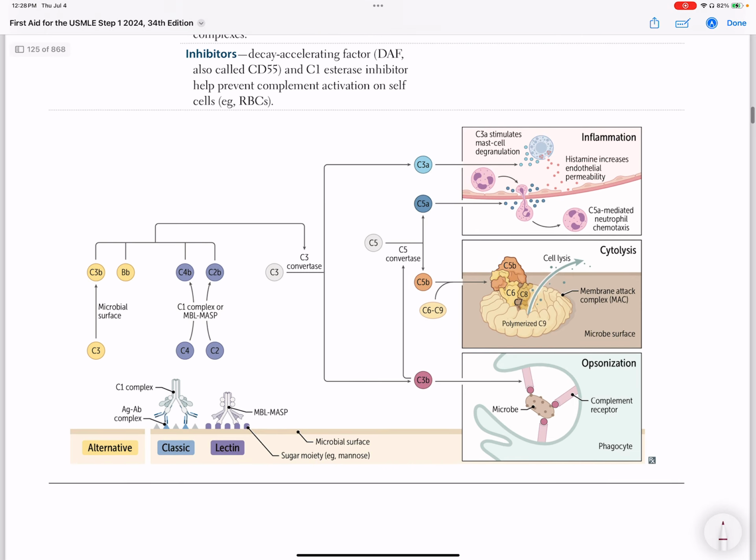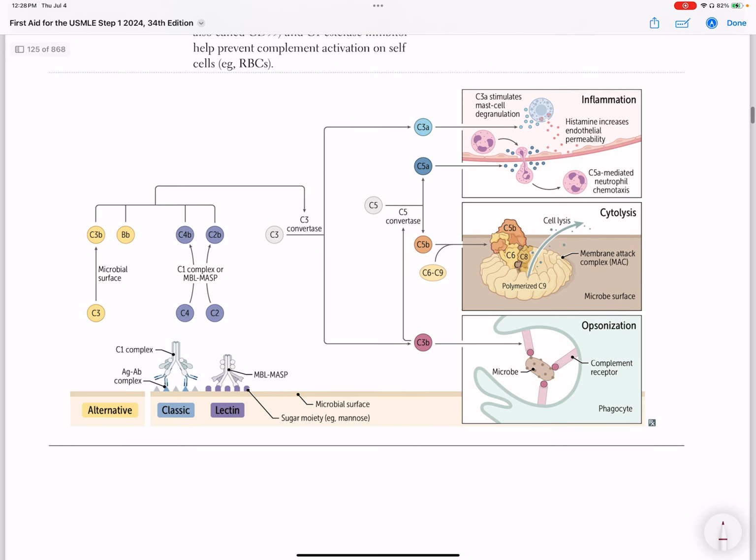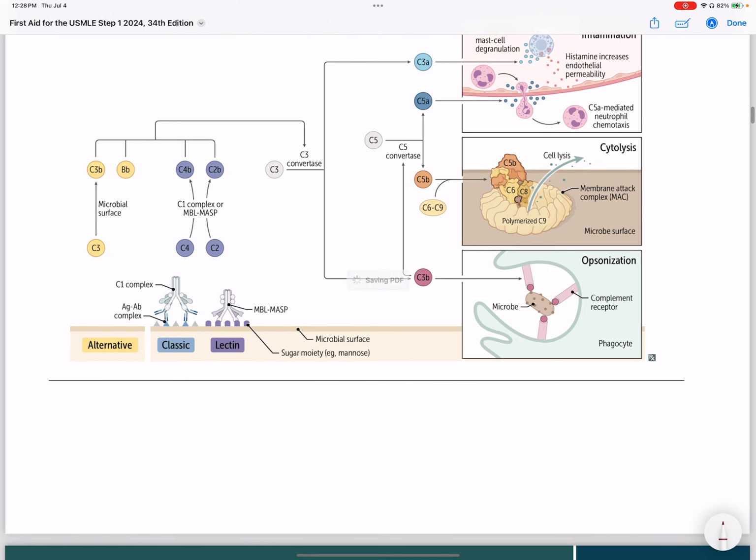So now we have the pathways. Here we have the alternative pathway, classic and lectin. Alternative is C3 on the microbial surface, C3b along with Bb, C4b and C2b. From the classic pathway, you have antigen-antibody complex and the C1 complex, and then the C1 complex or MBL or MASP all act on the C3 convertase.